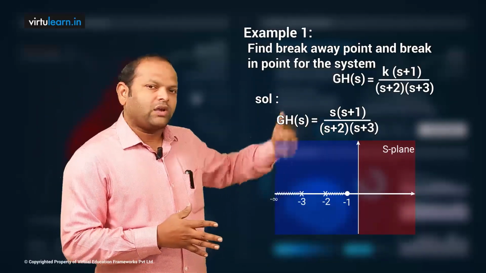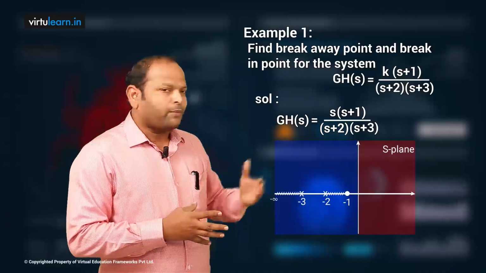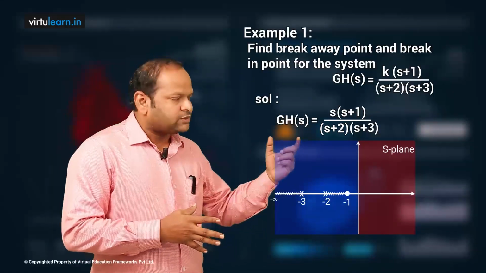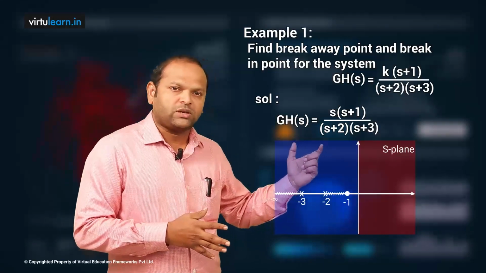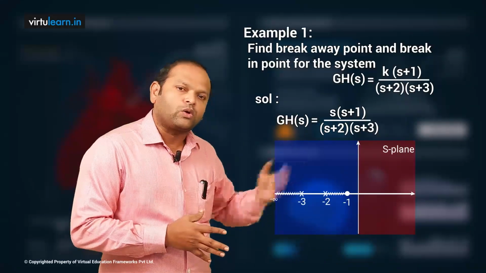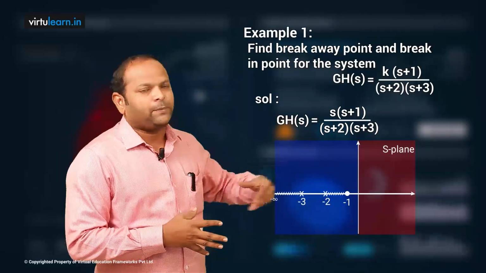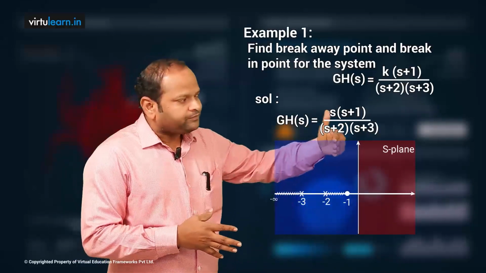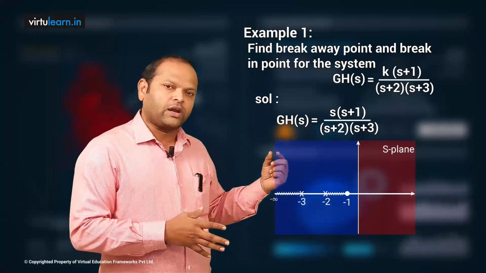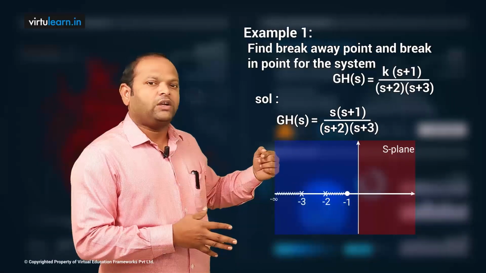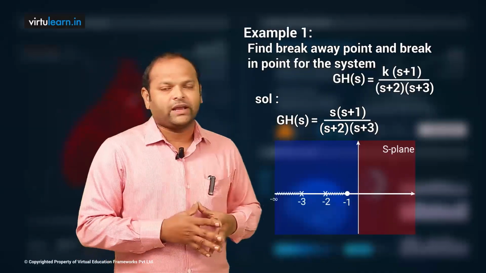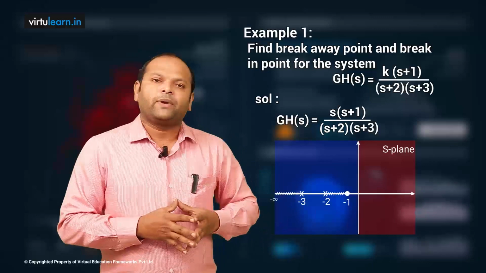Similarly, you can also have complex breakpoints. Now for a break-in point, there must be two zeros with a root locus area in between, then there exists a break-in point. Or else, if the zero is located at the leftmost side and towards the left you have root locus area, again there will be a break-in point.